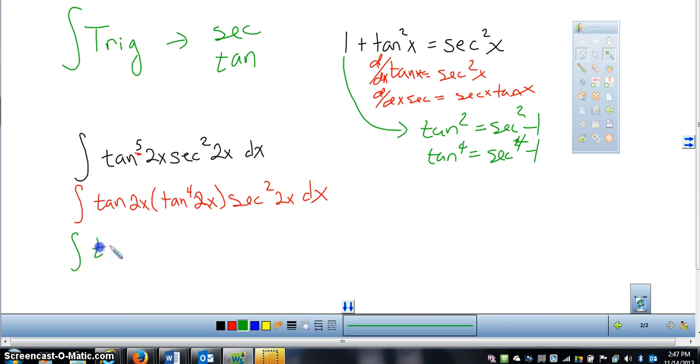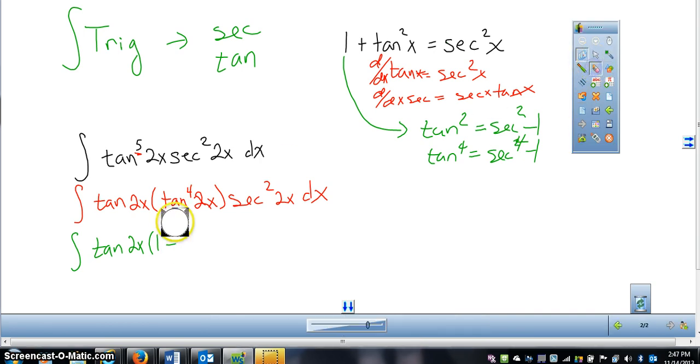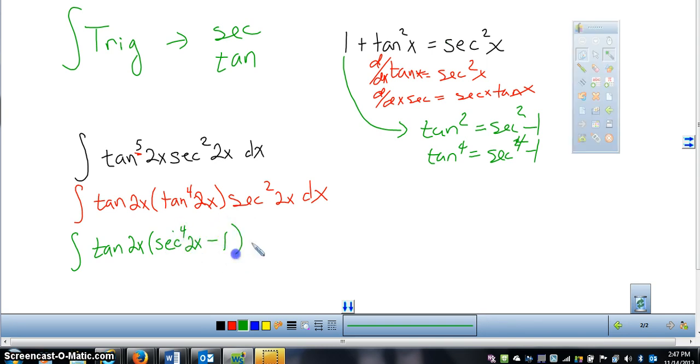So I'm going to just make this tangent of 2x times, how about secant to the fourth of 2x minus 1 times secant squared of 2x.